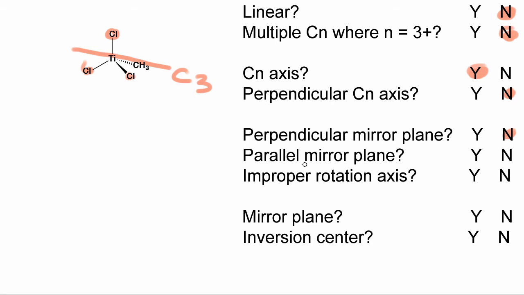Do we have a parallel mirror plane? So one that is parallel to the primary axis, and that is yes. If we look at this species right here, we can see that we have one mirror plane that incorporates this chloride, this titanium, and the methyl group. We have another mirror plane that incorporates this chloride, the titanium, and the methyl group.